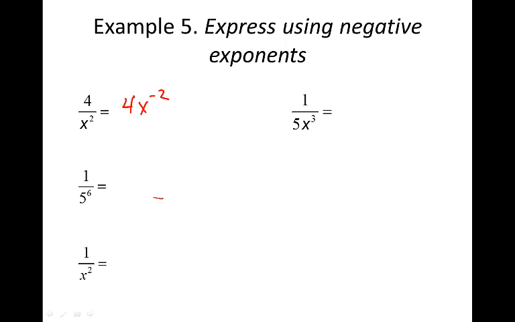How about this next one? 5 to the negative 6th. Next one, the 1 over x squared is x to the negative 2. And 1 over 5x cubed. A couple different ways we could do this one. My intent here was to have the constant term stay there, and then the x to the negative 3 move up top.